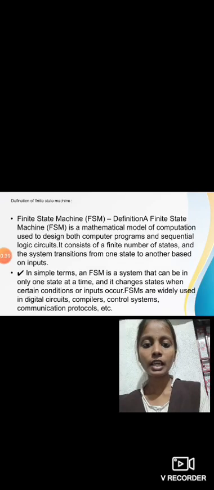In simple terms, an FSM is a system that can be in only one state at a time, and it changes states when certain conditions or inputs occur. FSMs are widely used in digital circuits, compilers, control systems, and communication protocols, etc.